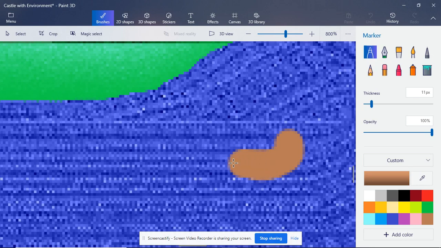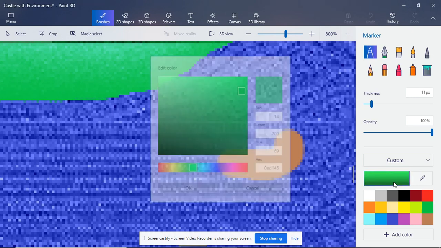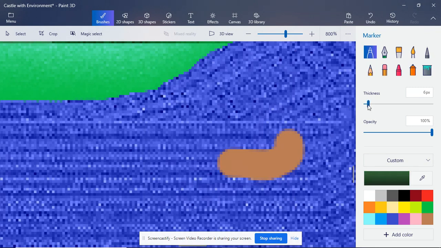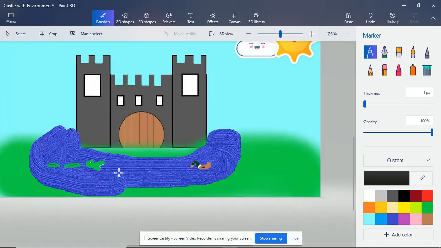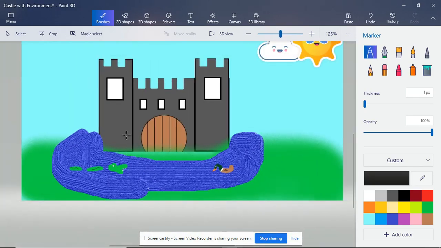Let's do a little duck here. I know you're wondering what the heck. Just hang on. Trying to make a mallard here. That's pretty good, I'm on Paint. Let's do it eating some food. Great.